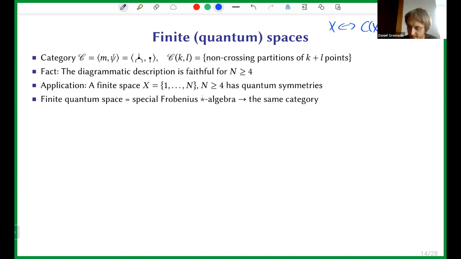So again, if let's say n is greater or equal to 4, then any interpretation must be faithful, and therefore the categories describing the quantum symmetries are the same.